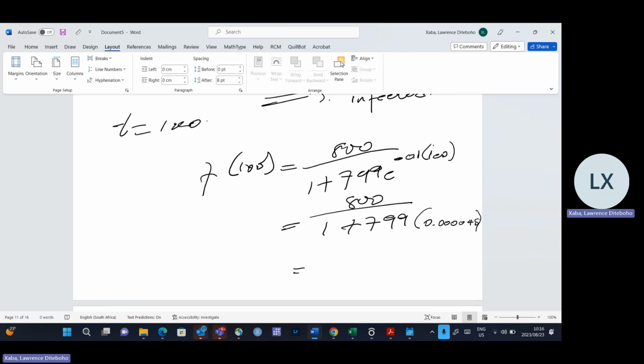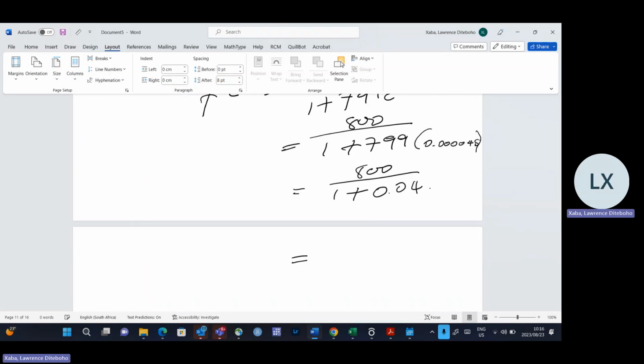Then now we can say 799 times that, then 800 divided by 1 plus 0.00004, let's say 3, 4.